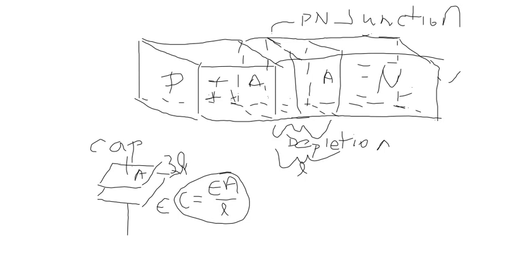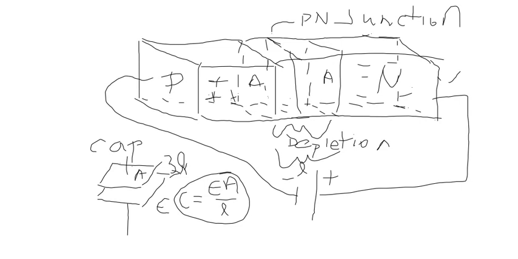If I put a reverse bias voltage there and make that a variable, then when I reverse bias the depletion region, the positive charges get attracted to the negative side of the battery, and the negative electrons get attracted to the positive side of the battery, and they cause the depletion region to get wider.